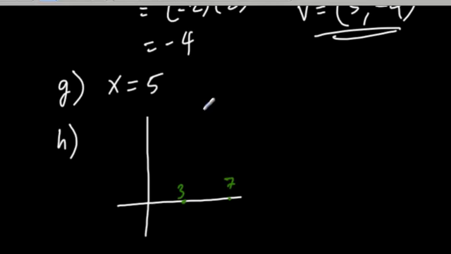We know the axis of symmetry is x equals 5, so it's going to go halfway through that. We know the y-coordinate of the vertex is going to be negative 4, so this is negative 4. And finally, the y-intercept that we've determined is 21, okay?